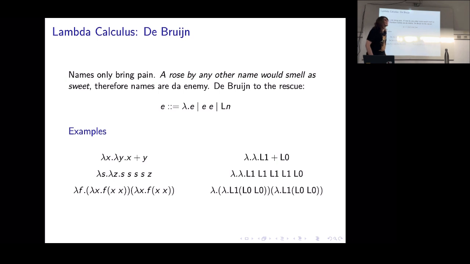The equivalent way to write it with De Bruijn indices is lambda lambda L1 plus L0. Now we use L to denote that this is a variable, this is an index.